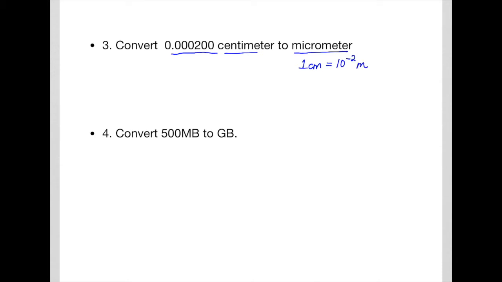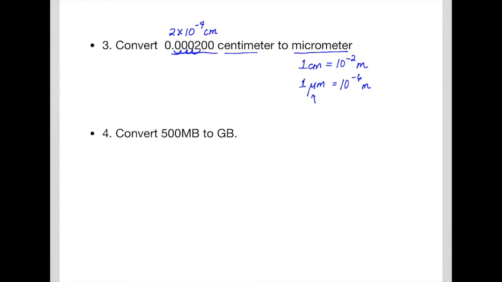And next, for every 1 micrometer, so this is the sign of a micrometer, that's the mu, equals 10 raised to negative 6 meter. So let's write our given. This one is equivalent to 2 times 10 raised to 1, 2, 3, 4. So that is 2 times 10 raised to negative 4 centimeter.